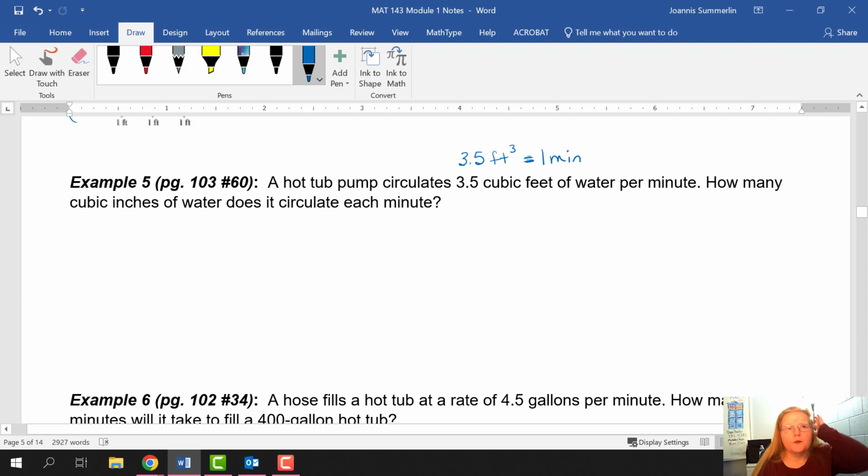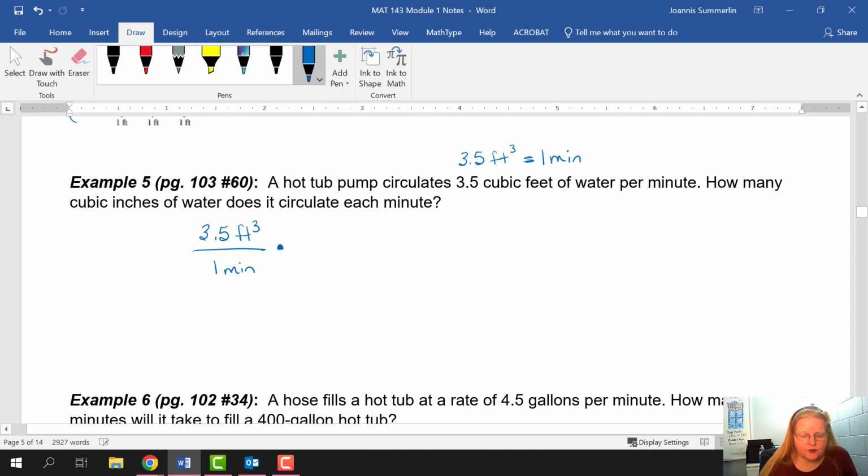Per means the 1 minute has to go on the bottom. We talked about that, right? So it's 3.5 feet cubed per minute. How many cubic inches of water does it circulate each minute? They want it in cubic inches.